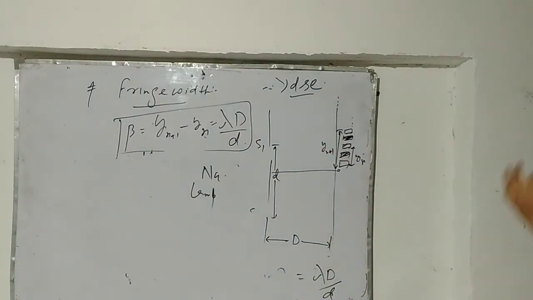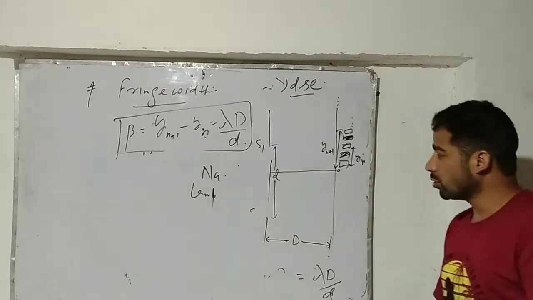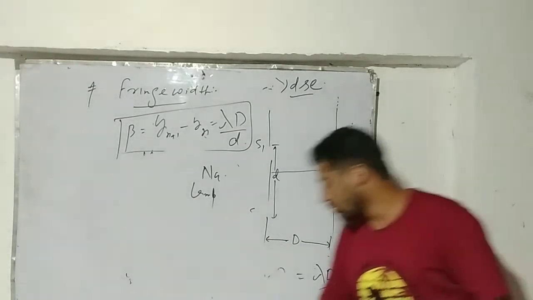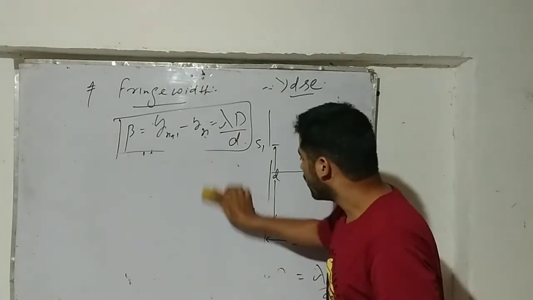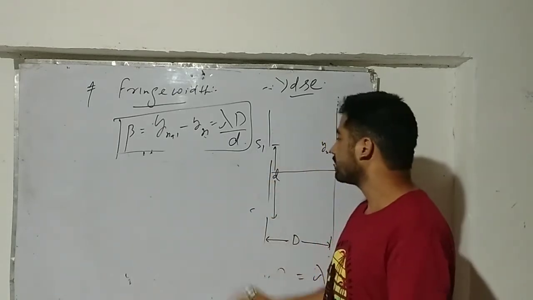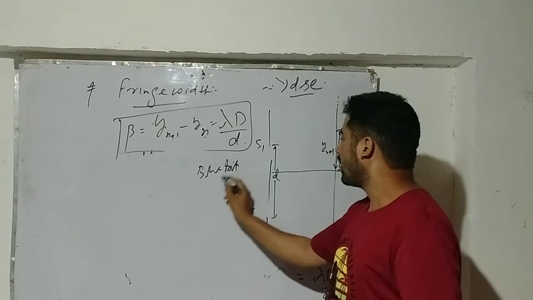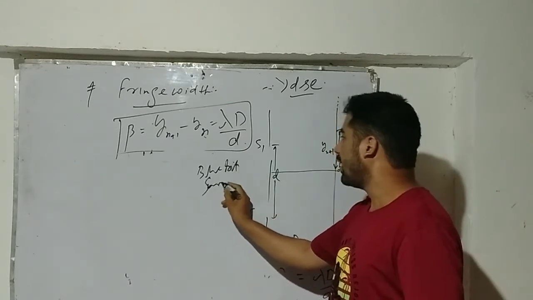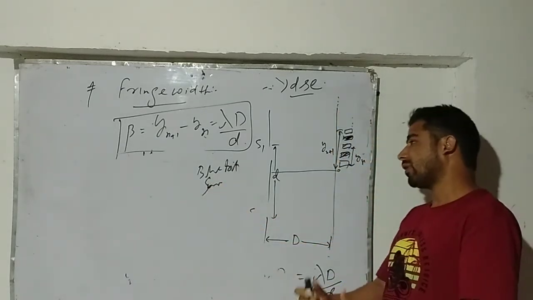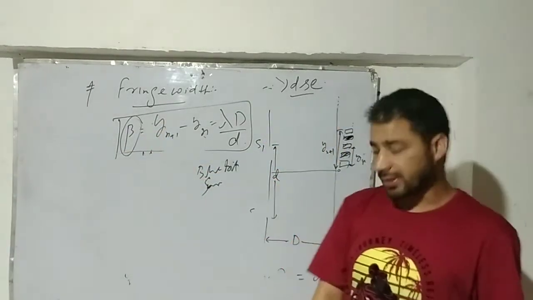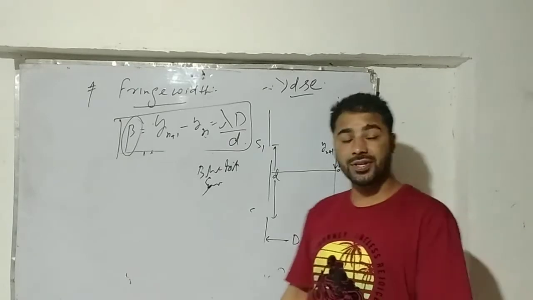In the second case, we replace this sodium source by a blue light source, a source which emits blue light, and we need to know what will happen to the fringe width. Will it decrease, will it increase, or will it be the same?